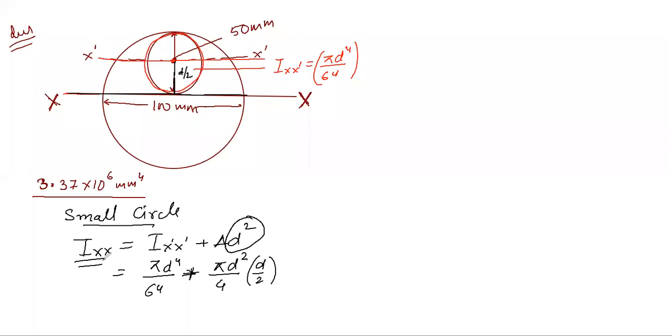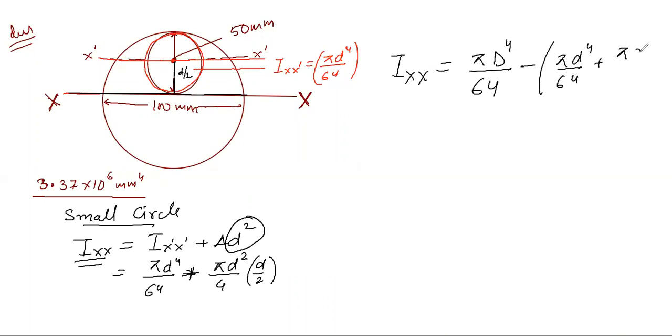Now with respect to that, if we try to calculate the moment of inertia of the whole diagram as one big circle, we can define that this is pi d to the power 4 by 64. This will be the moment of inertia of the total circle minus this value, that is pi d to the power 4 by 64 plus pi d cube by 8, right?